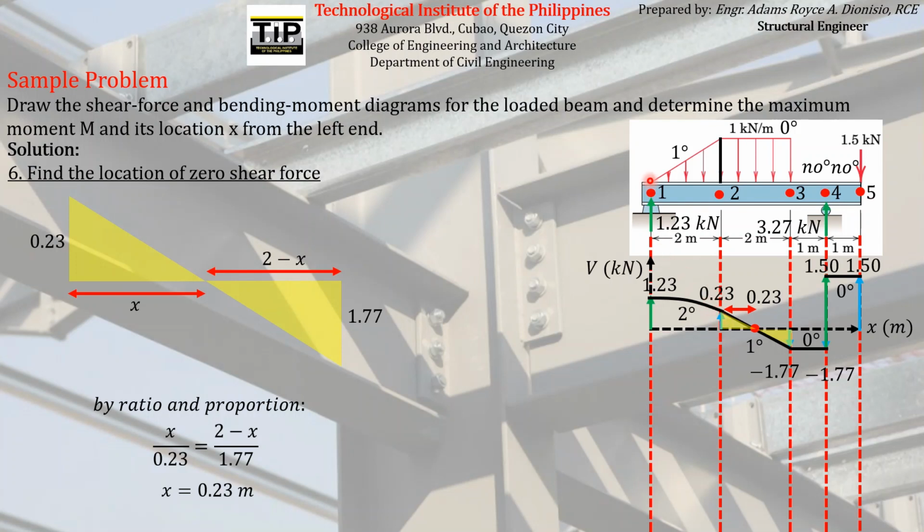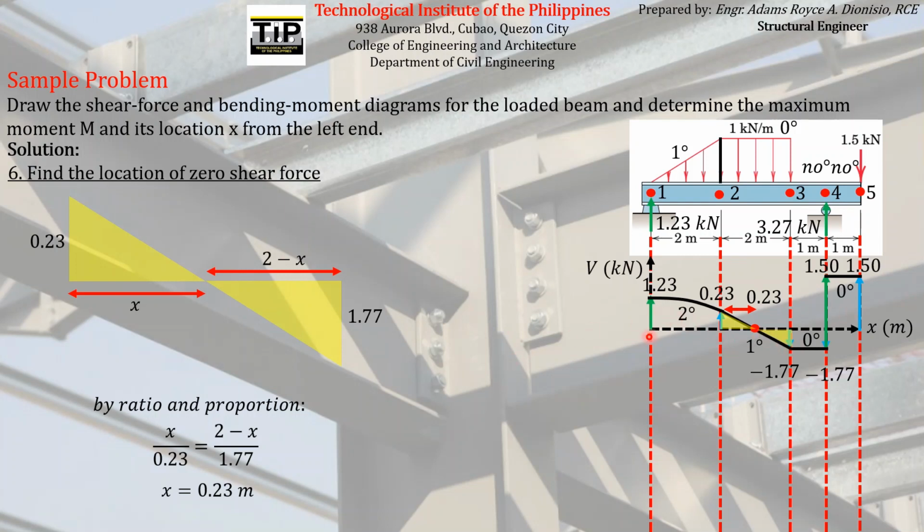Or if we use the leftmost end as the reference, the location of the zero shear force is located 2 plus 0.23 meters, which is equal to 2.23 meters to the right of this left end, which is point 1. So that is the location of the zero shear force. Actually, that is the last step for drawing the shear force diagram.